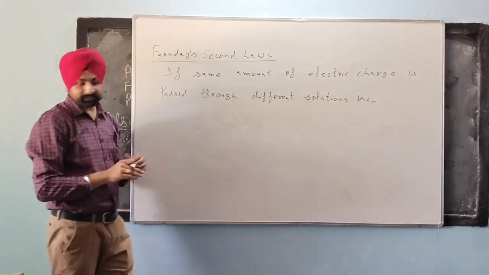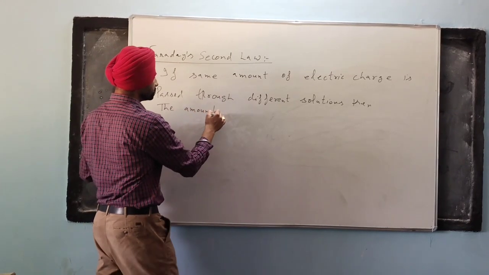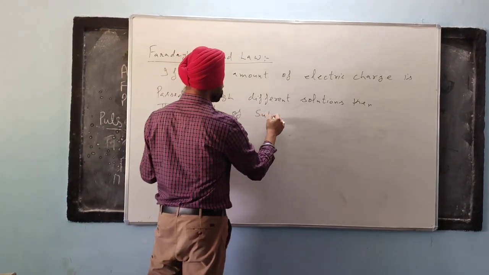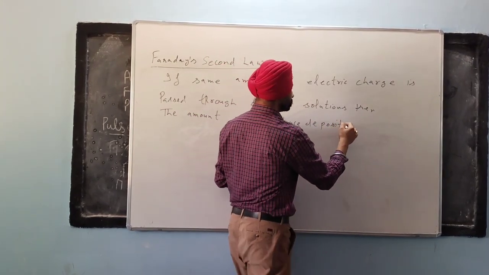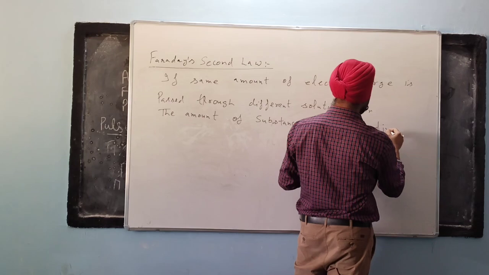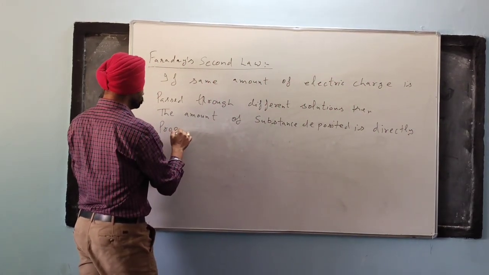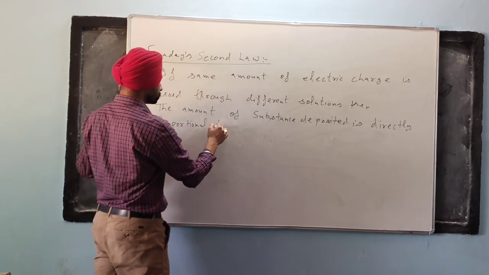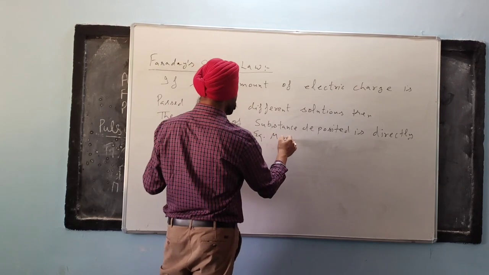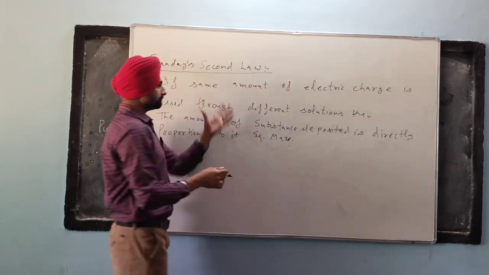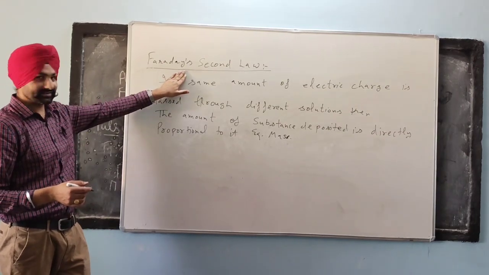Then the amount of substance deposited is directly proportional to its equivalent mass. Okay, so this is the second law of Faraday for electrolysis.